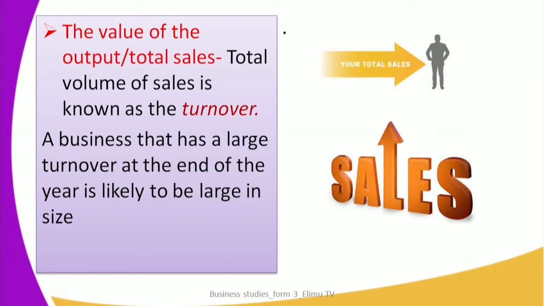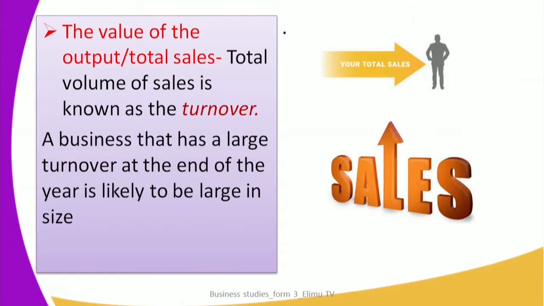Reason being, you may find a small business having only a few people employed with little capital employed and may be producing high value and expensive goods such as jewelry. So the sale of such few goods would result in high sales figures, creating a wrong impression about the size of a firm.